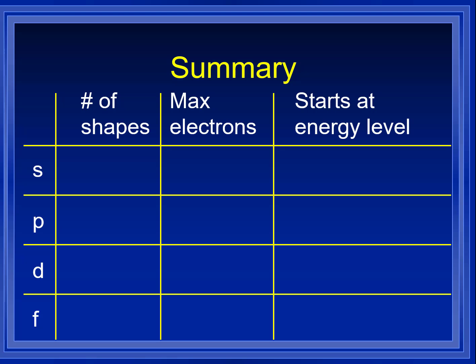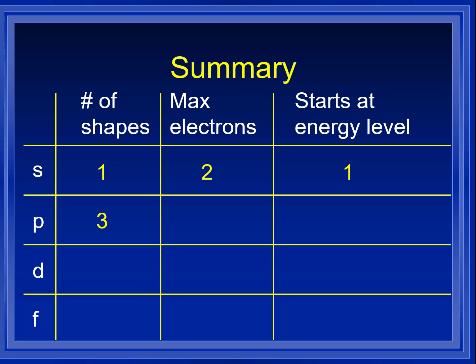So, here's what you should have taken out of that discussion. Numbers you need to know. S has how many shapes? 1. So the maximum number of electrons you can fit into it is 2, and it starts at energy level number 1. Okay. Number of shapes for p? 3 shapes.